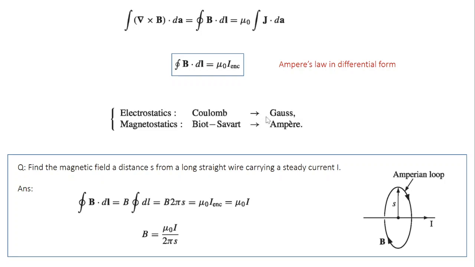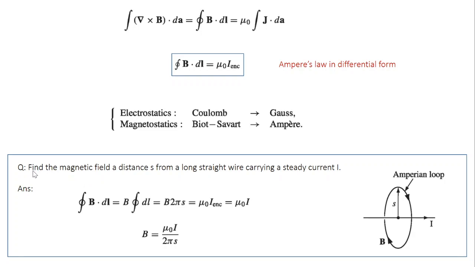In electrostatics you had Gauss's law. Similarly, we also have Ampere's law in magnetostatics. Now you have two choices to calculate the magnetostatic field, either using the Biot-Savart law or using Ampere's law. Let's quickly test the utility of Ampere's law.